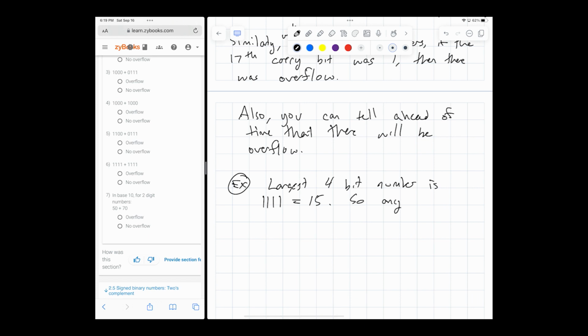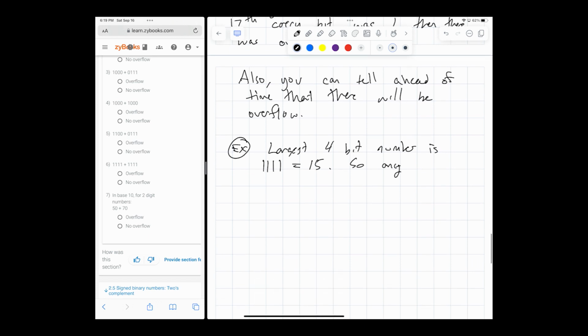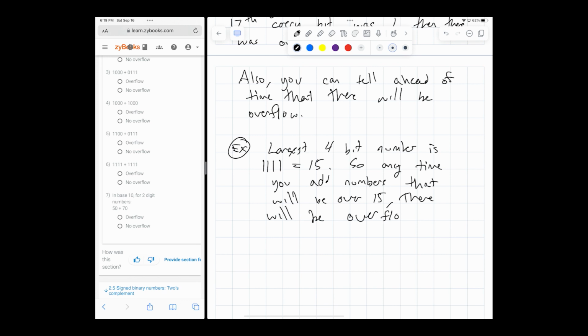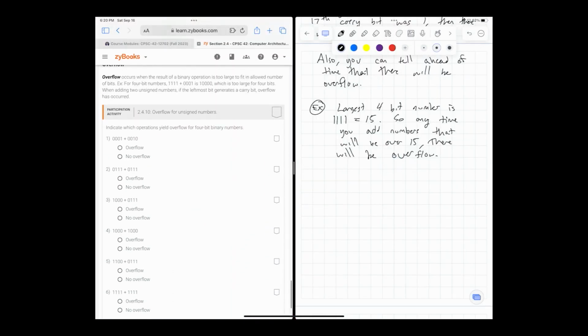So anytime you add numbers that are going to add up to more than 15, there will be overflow. So you can just add these yourself, or you can use this kind of idea that we just talked about here.